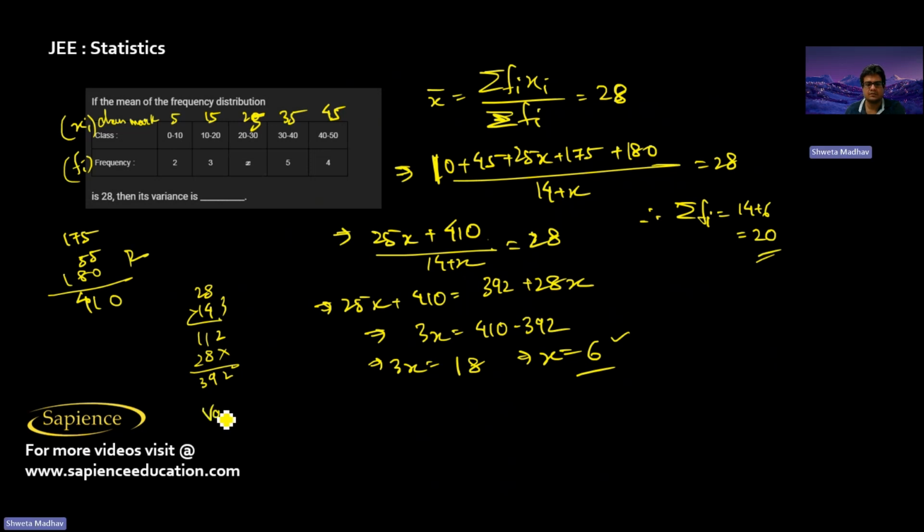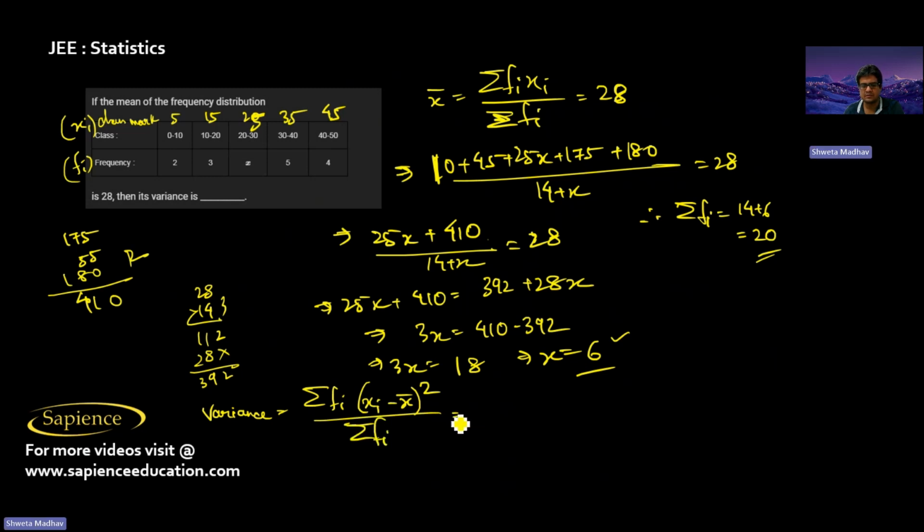Now the variance sigma square is summation fi into xi minus x bar whole square, divided by summation fi.